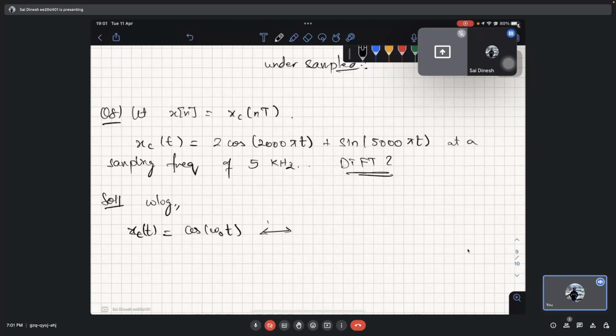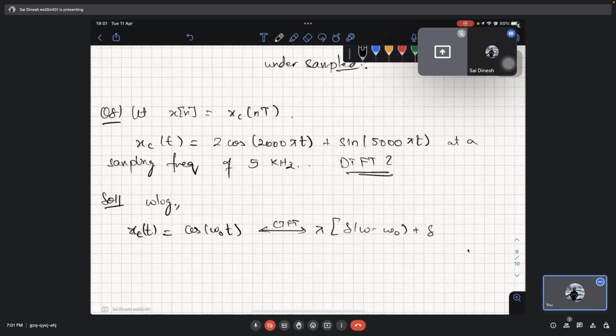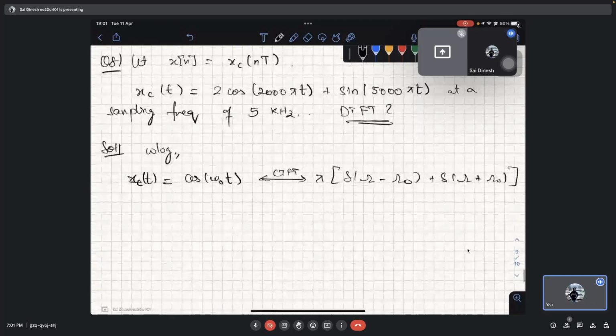In that case the CTFT will be pi times delta of omega minus omega naught plus delta of omega plus omega naught.